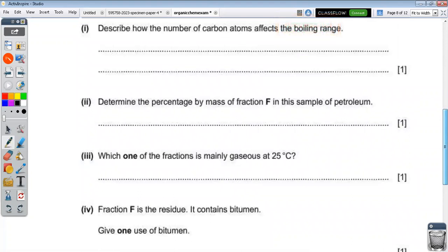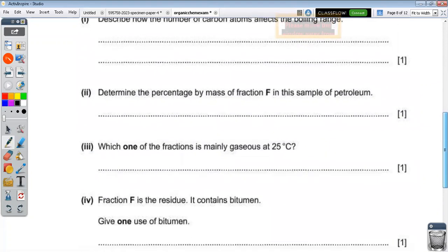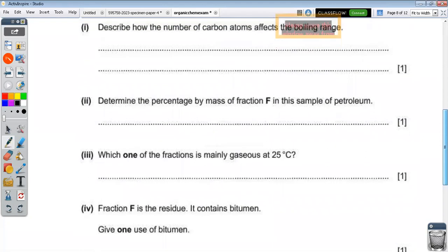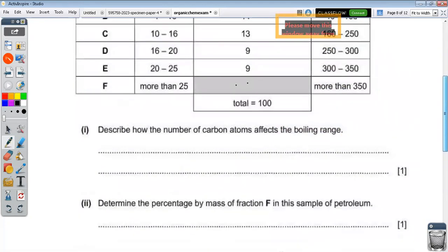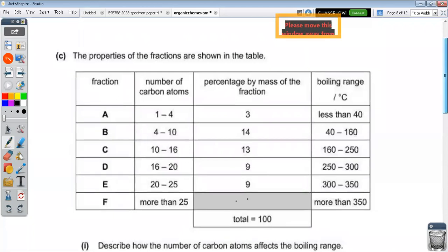Which one of the fractions is mainly gaseous at 25 degrees? So what does boiling point mean? Remember, gaseous at 25 degrees. So this boils at what? At 40 degrees.